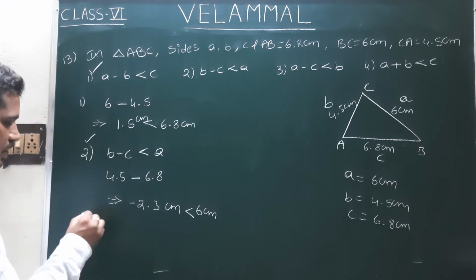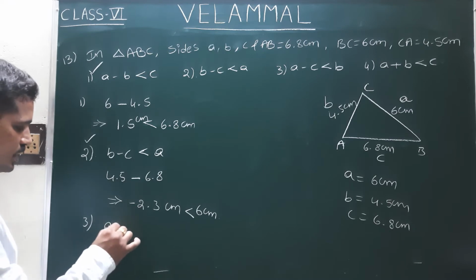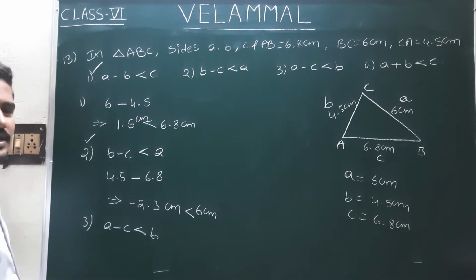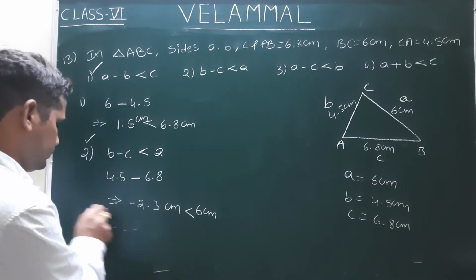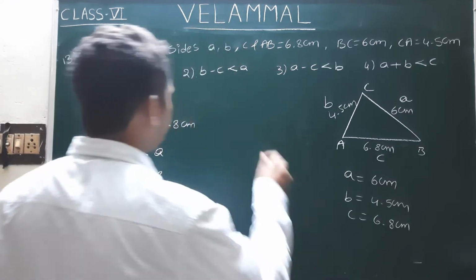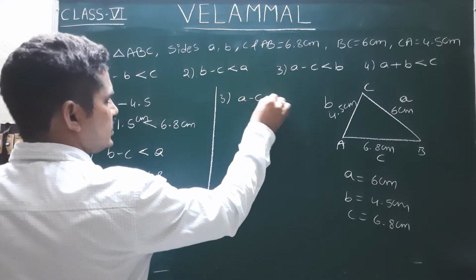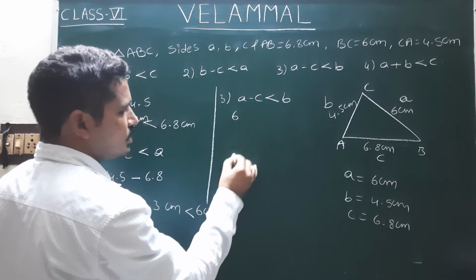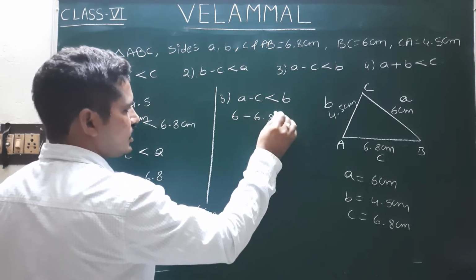Next, if we consider option 3, we have a minus c is less than b. The a value is 6 centimeter minus the c value 6.8 centimeter.